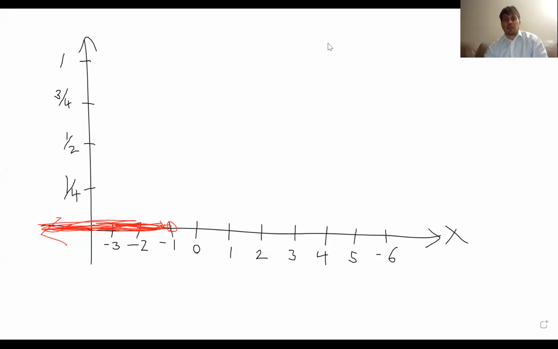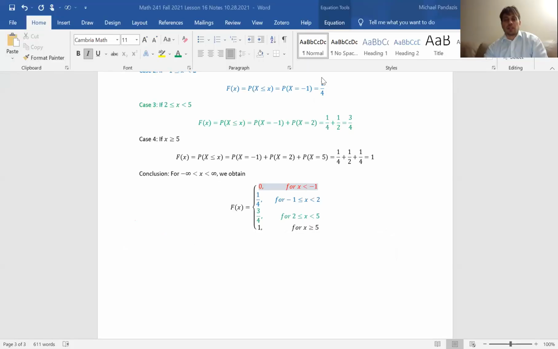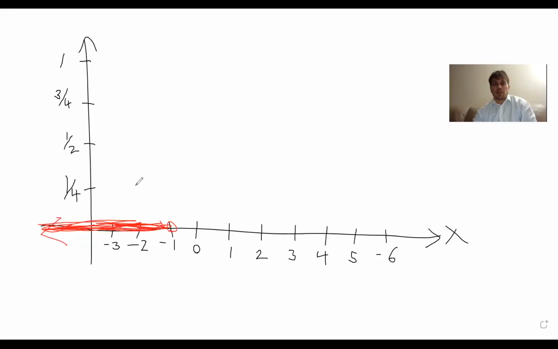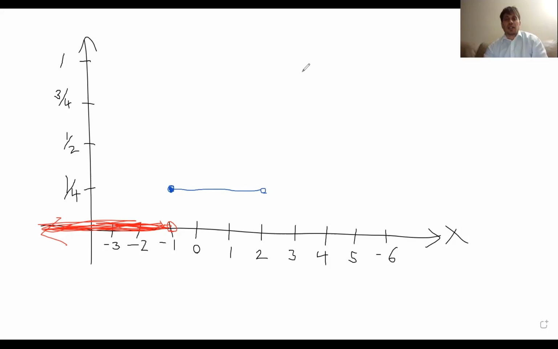It's going to be blue. The next part is blue. The value is 1/4. We're including this value up to 2, but we're not including x equals 2. Next is in green.